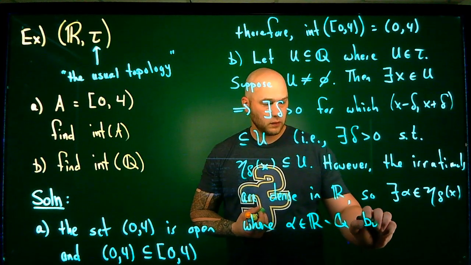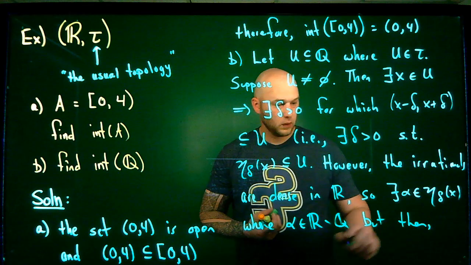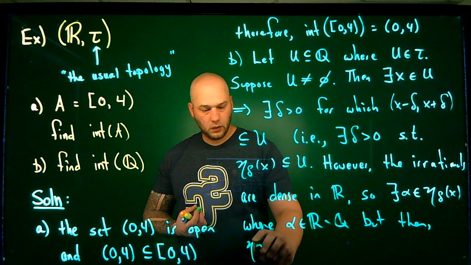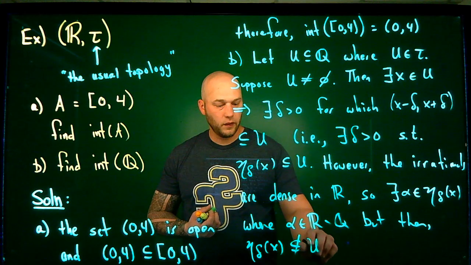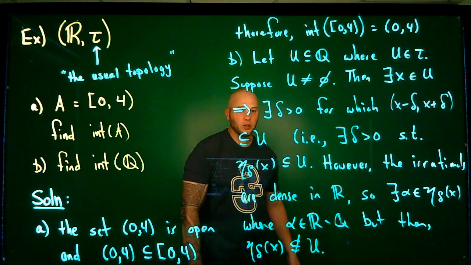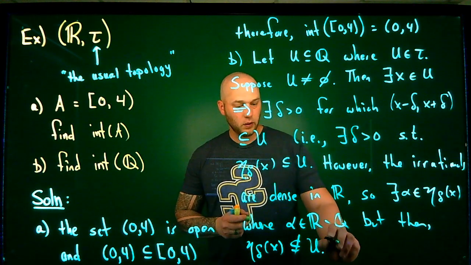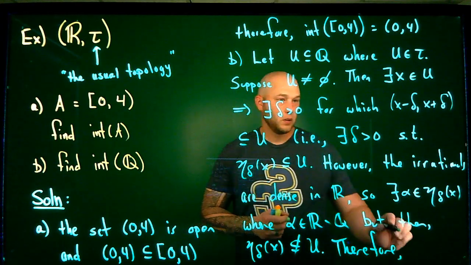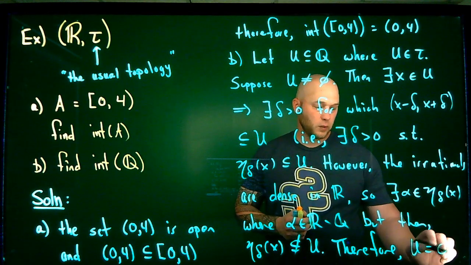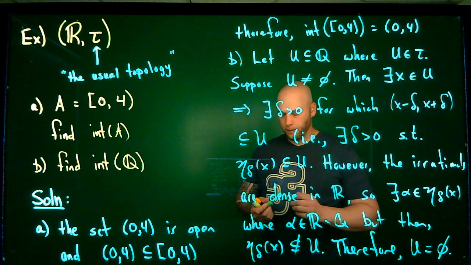But then that delta neighborhood is not a subset of U because it contains an irrational number. Therefore, U must be an empty set.